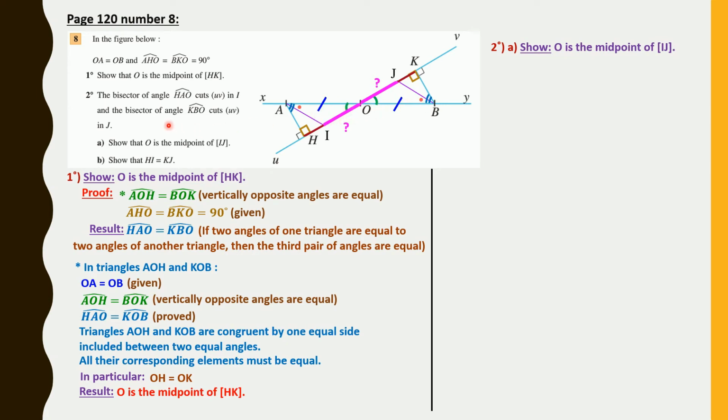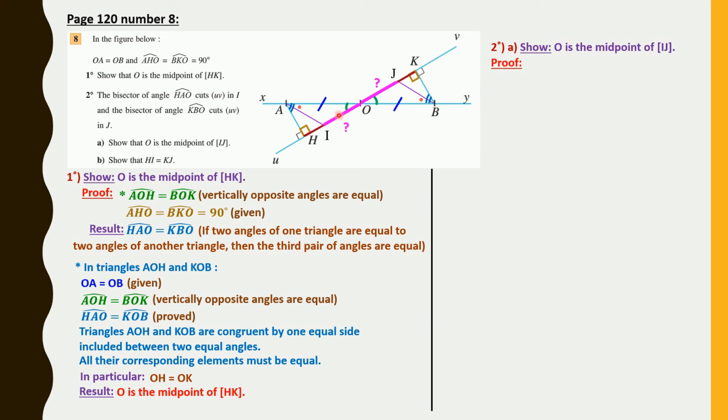Here we have this new information, the fact that AI is the bisector of angle HAO. And we know that the angle IAO is in fact half of angle HAO. And since the semiline BJ is the bisector of angle OBK, we can say that OBJ is equal to half of angle OBK.